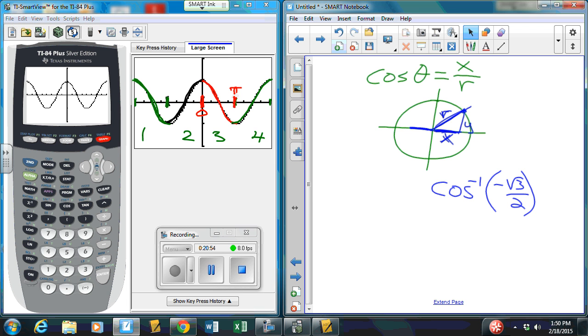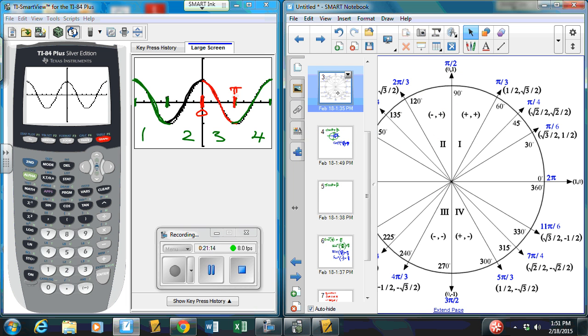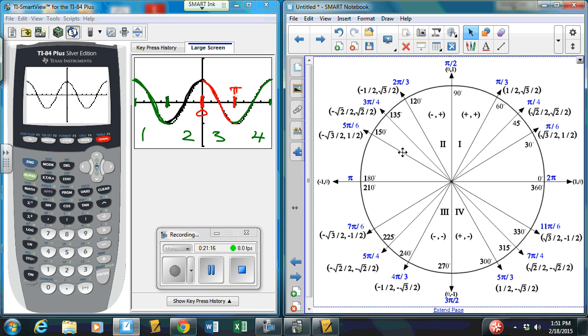Okay, Nick, what do you think? 5 pi over 6 is the correct answer. Because look, if we look at this unit circle right here, 5 pi over 6 is right here, and its x value is negative root 3 over 2, right?